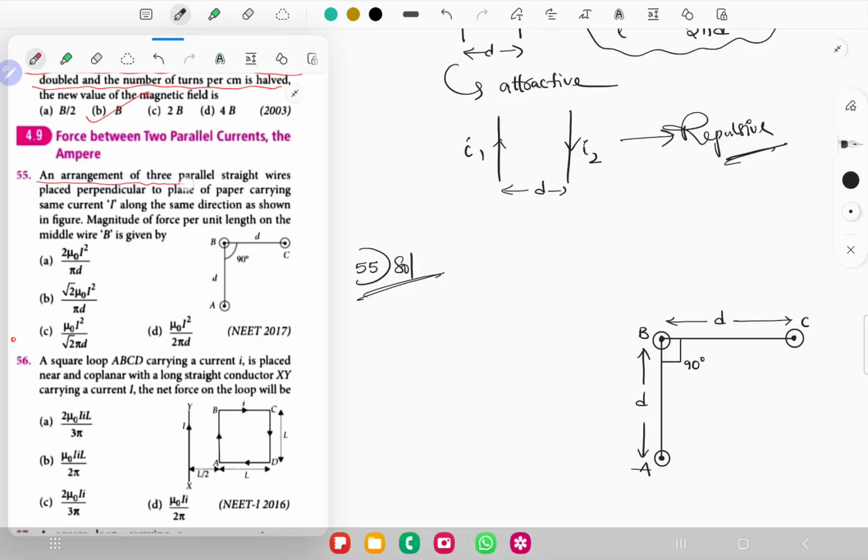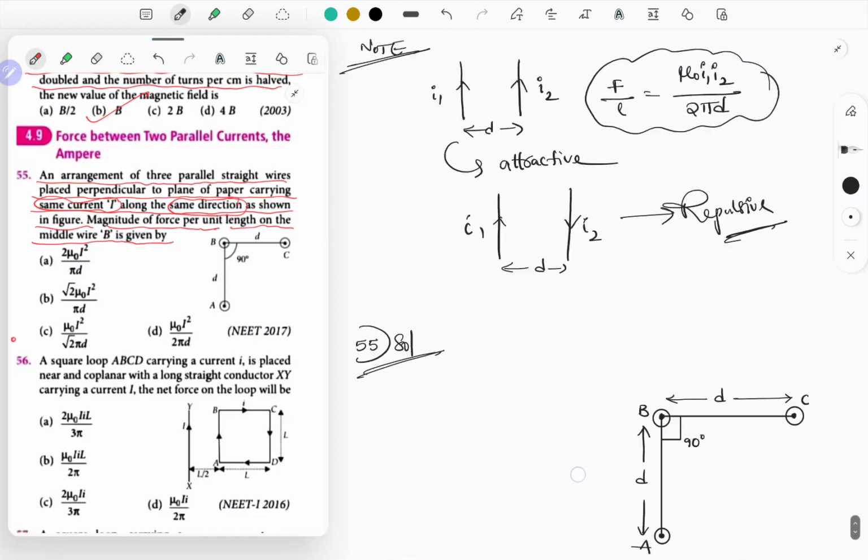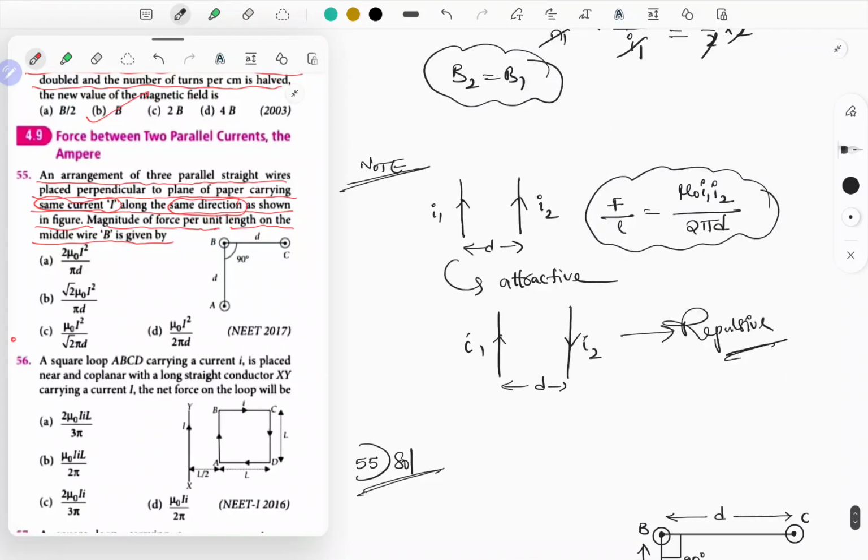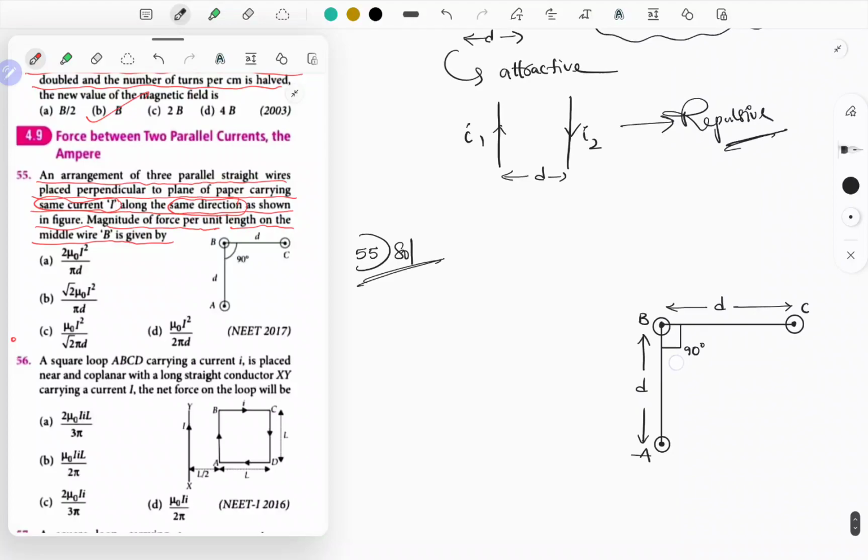An arrangement of three parallel straight wires placed perpendicular to the plane of paper carrying the same currents I along the same direction. Remember this point, same current and same direction, as shown in the figure. The magnitude of force per unit length on the middle wire B is given by, as I told you earlier, if currents are in the same direction, then it is attractive.